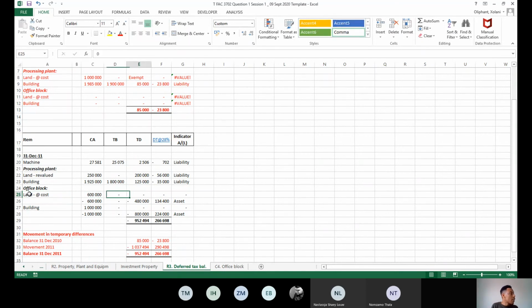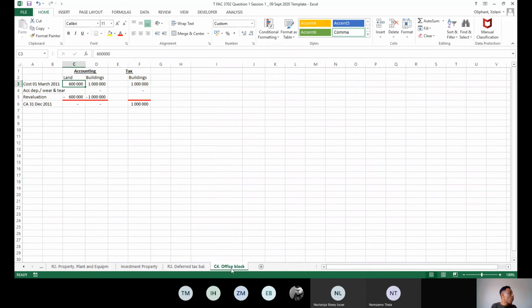Fine. And then remember, we said that from zero to cost, this will be a permanent difference because there is no wear and tear that's allowed. But the moment you move above cost, you will have to recognize deferred tax implications. The office block was revalued.